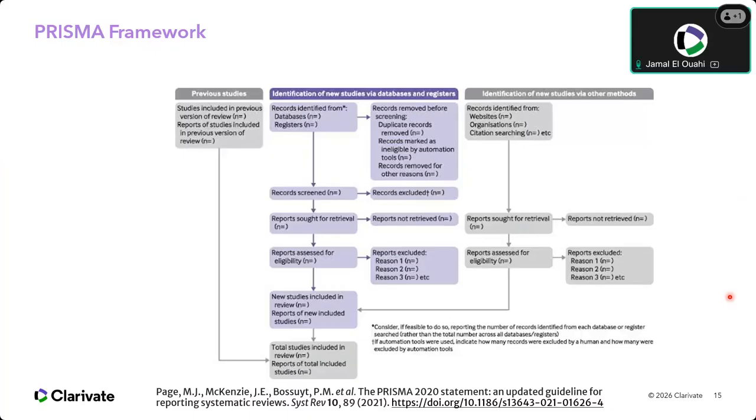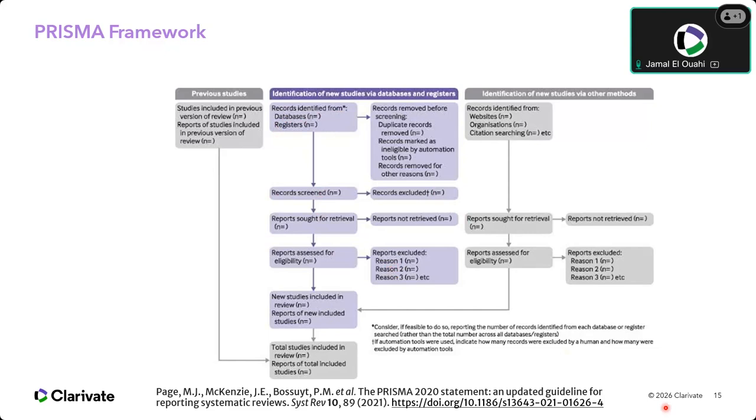In short, PRISMA helps researchers document how many records were found. For example, in our case, it was 23,000. How many were removed? Why studies were excluded? How many studies were finally included? And so on, right? So you explain here, you say, that's one database, we used Web of Science, we got X numbers of papers, we looked at the eligibility, we excluded those for reason 1, 2, and 3.